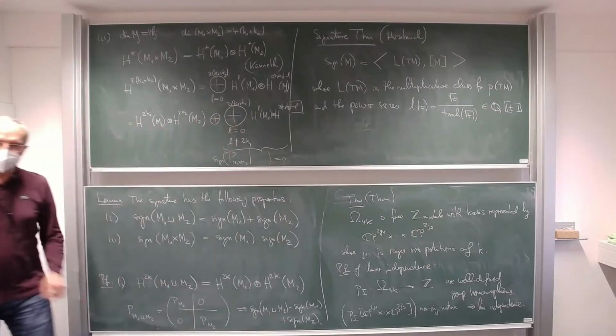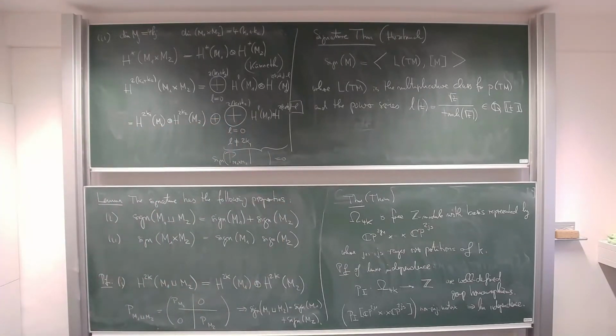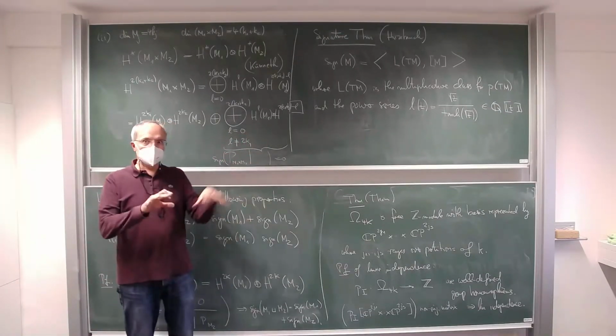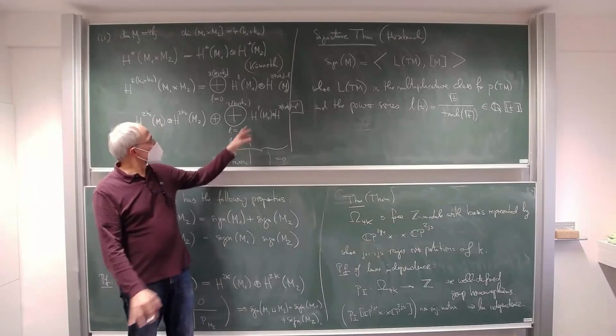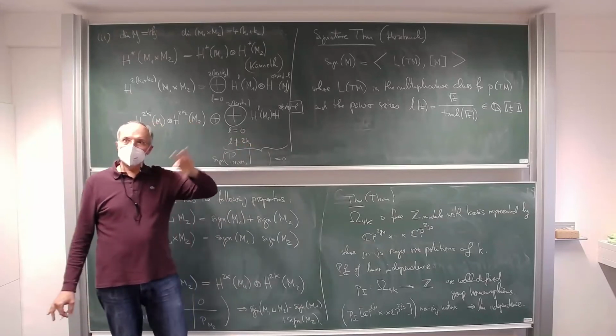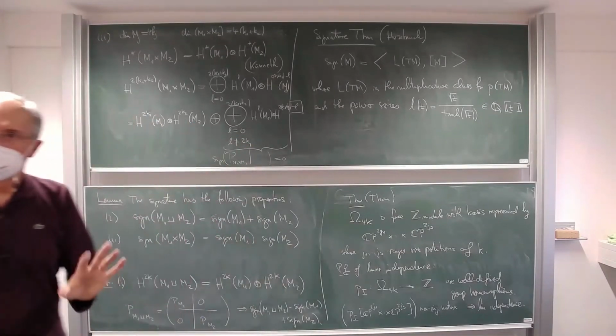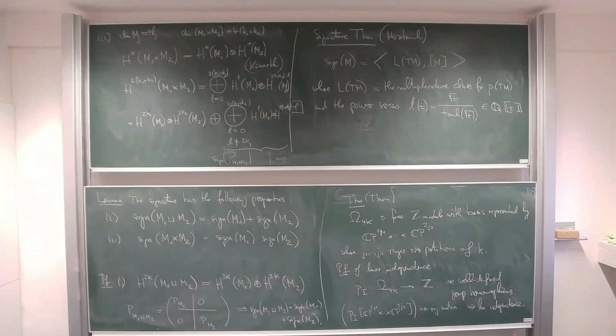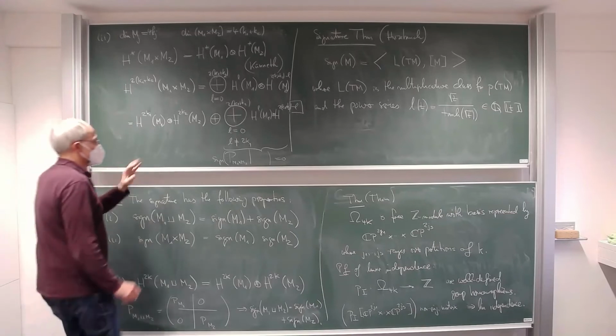This is by sign counting, and so you can choose bases of these cohomologies and arrange them in such a way that you get suitable matrices for which you can read off that all the signatures cancel by writing it in terms of certain 2x2 blocks. I don't want to do that now.